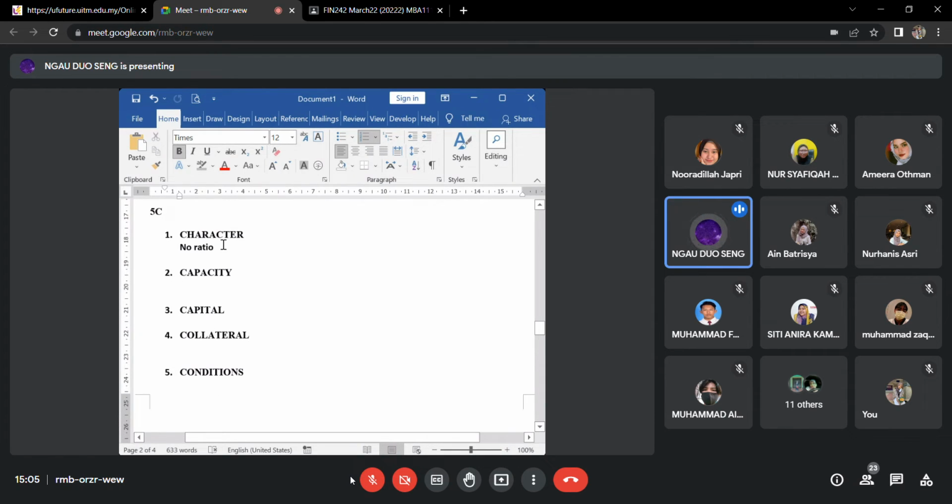Kalau characters, kalau you ada ratio, you boleh relate back to the characters also can. Not necessary I cakap this one tak ada ratio then tak ada. Mungkin you ada creativities, the way you explain, right? You can relate back to the characters, then okay. Sebab dia memang depend on how you explain the ratio, relate back to this 5C.